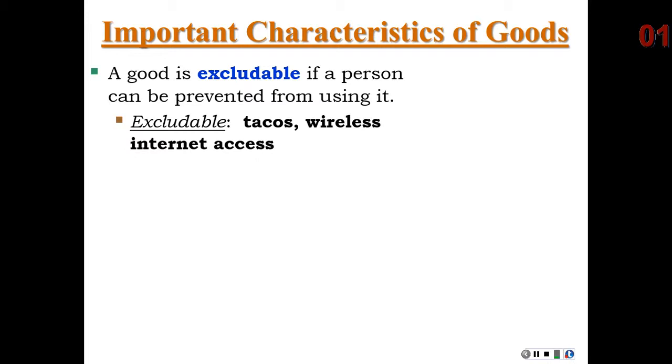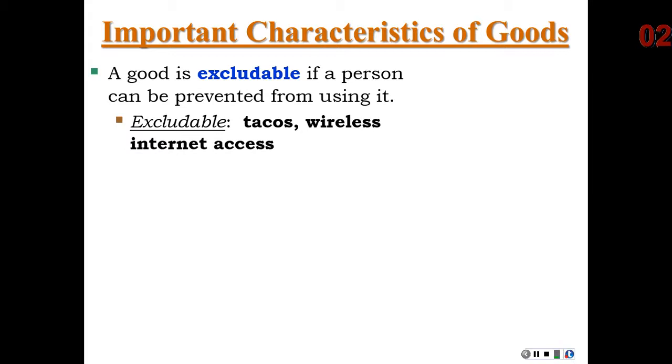Most food establishments can pretty easily prevent someone from consuming their food if they haven't paid for it. Same thing with wireless internet access. It would be excludable if you had a password protected Wi-Fi at your apartment or home, because if you don't have the password, you can't easily get on. However, it would not be excludable if it wasn't password protected.